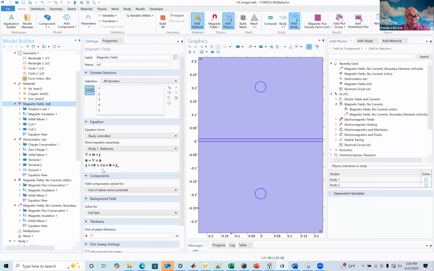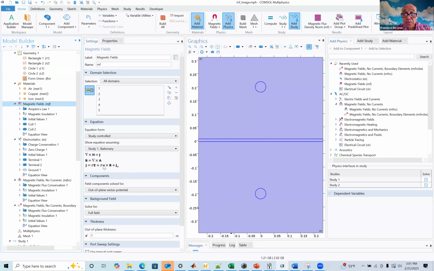That one is the speed times B, so it's the magnetic field moving, and the other is the induced magnetic field. Now, J_e is impressed. I'm pretty sure that is the impressed current. That is a current that you put in. Now sigma E, that is the current from Ohm's law, with conductivity.